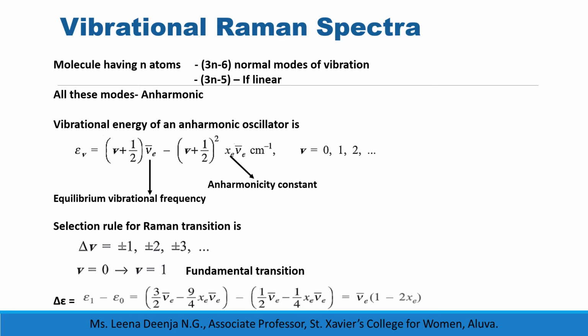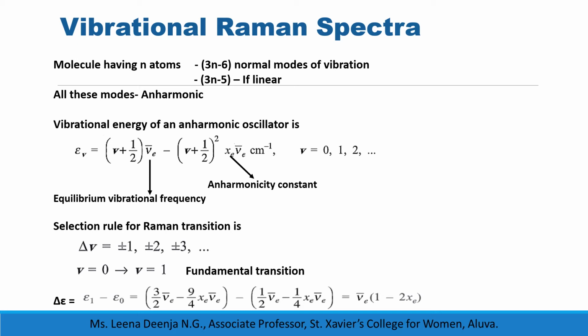Its values are 0, 1, 2, 3, etc. nu bar E is the equilibrium vibrational or oscillational frequency, and Xe is known as the anharmonicity constant. If the oscillator or vibrator is harmonic, then epsilon V is equal to (V plus half) into nu bar E. But here we consider it as an anharmonic oscillator, so we need these two terms.